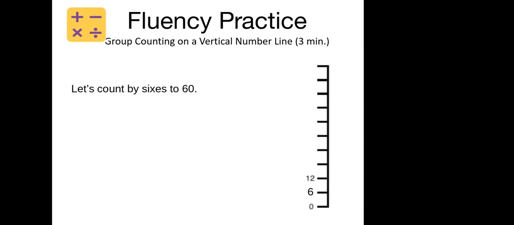We start with 0. I want you to take a minute and on your scrap paper or notebook paper, go ahead and count by sixes to 60. This is something that we practiced. And it would be 0, 6, 12, 18, 24, 30, 36, 42, 48, 54, and 60.